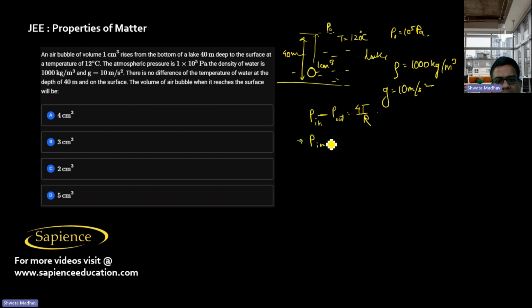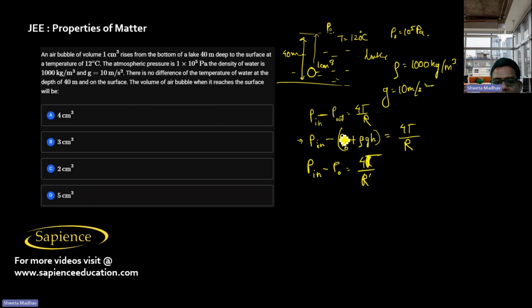At the depth below the lake, P inside minus (P naught plus rho g h), where h is the depth and rho is the density of water, is equal to 4T by R. On the surface, P inside minus P naught is equal to 4T by R dash.